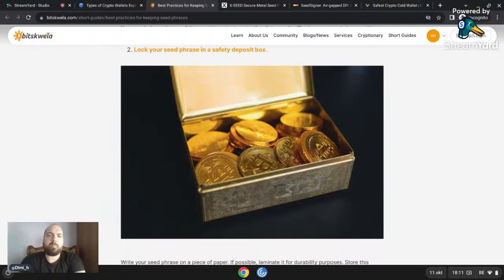That's basically the idea behind lock your seed in a safety deposit box. It doesn't need to be a safety deposit box. It needs to be something or somewhere secure where only you have access.